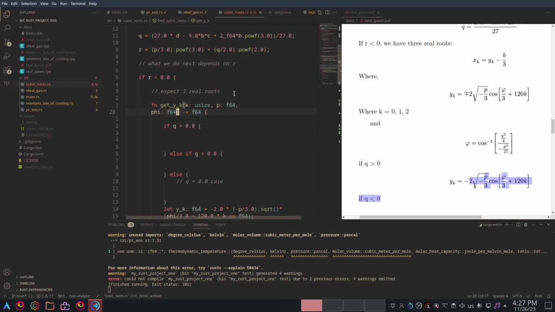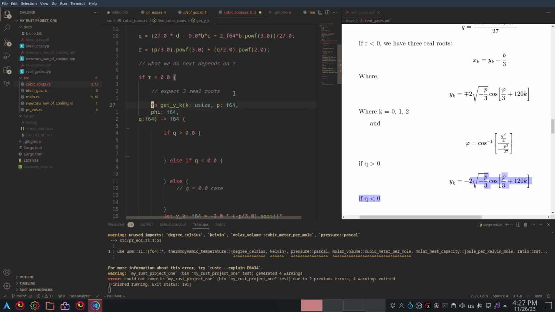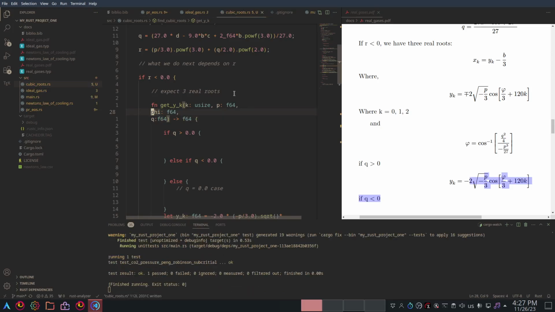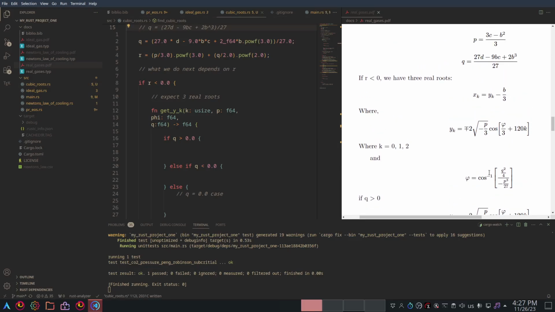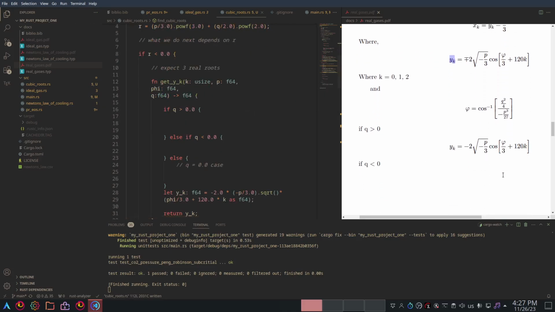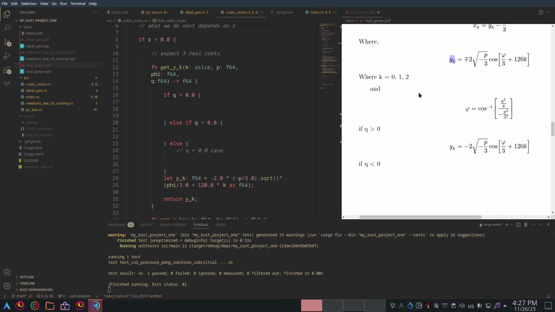So let me put a q value, q f64. The indentation is just weird here. I don't know why. But anyway, yk is as such, with k usize, p f64, phi and q. So yk really depends on the sign of q.